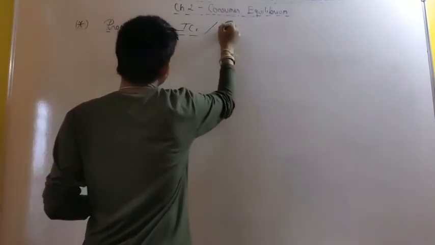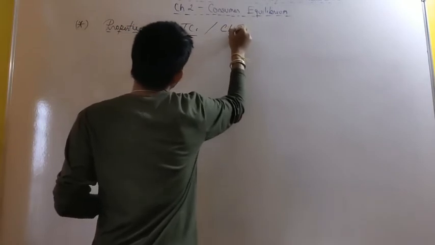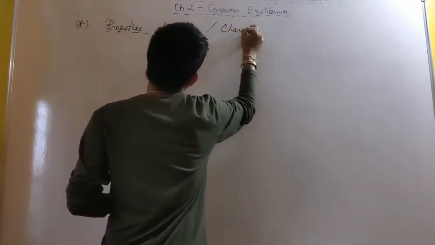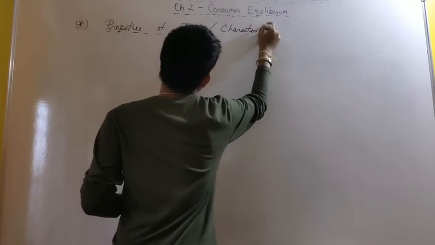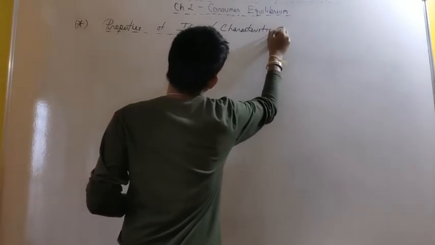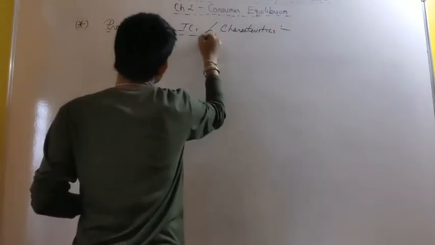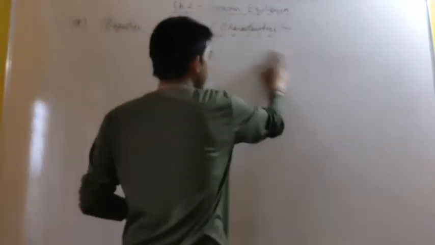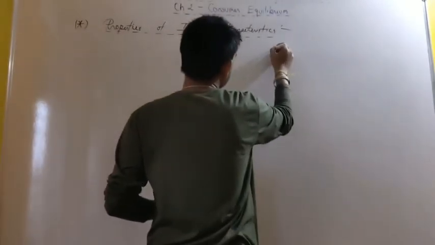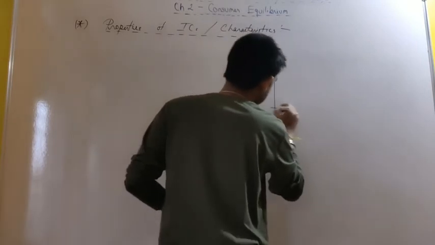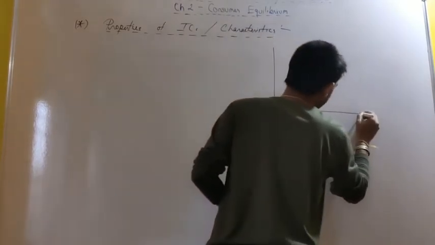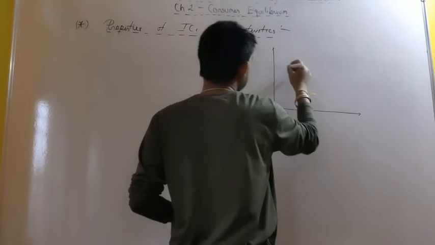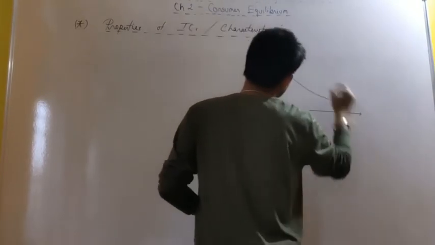They can also be referred to as characteristics. To describe the characteristics, I need this indifference map once again to make you understand even better.